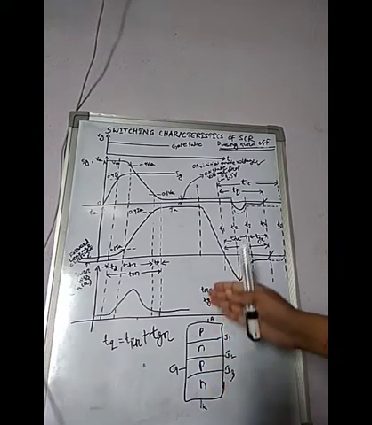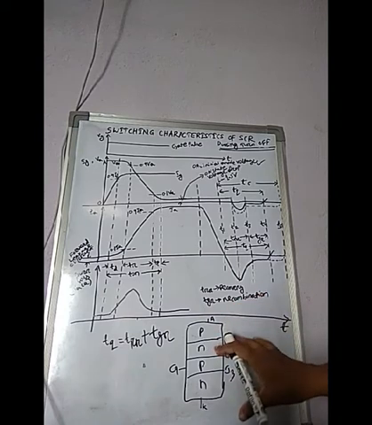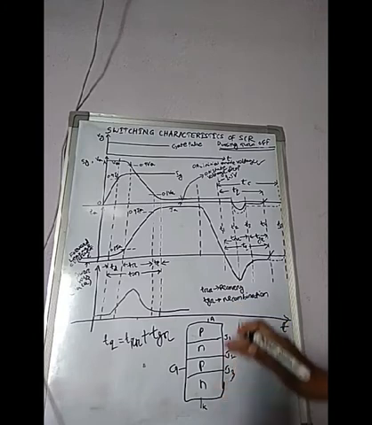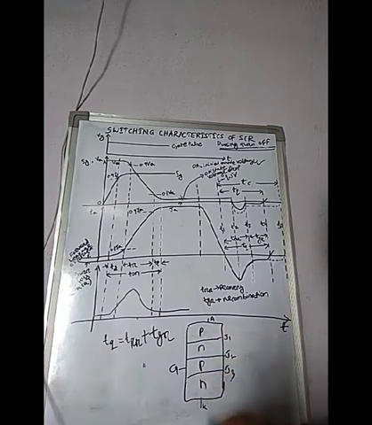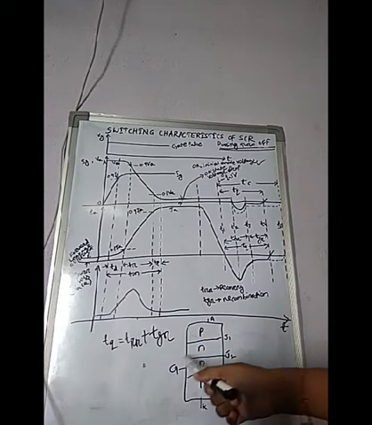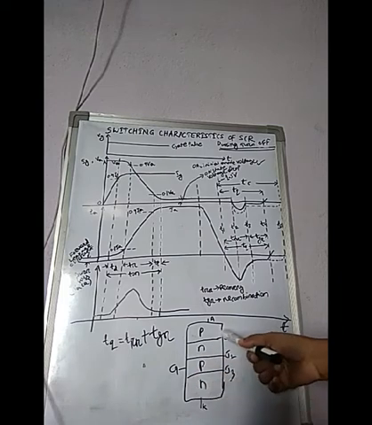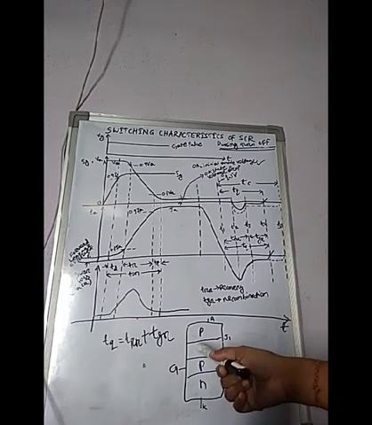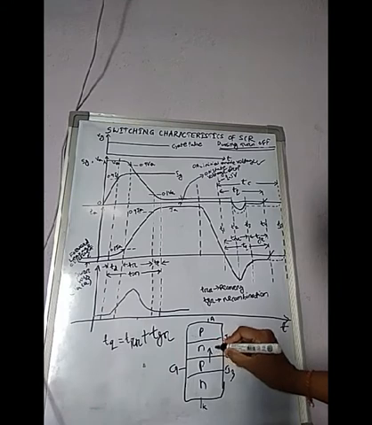And how are these excess carriers removed? The removal of excess carriers consists of sweeping out holes from the P layer, sweeping out electrons from the N layer, and whatever excess carriers are present around junction J2 can be removed only by the recombination process.